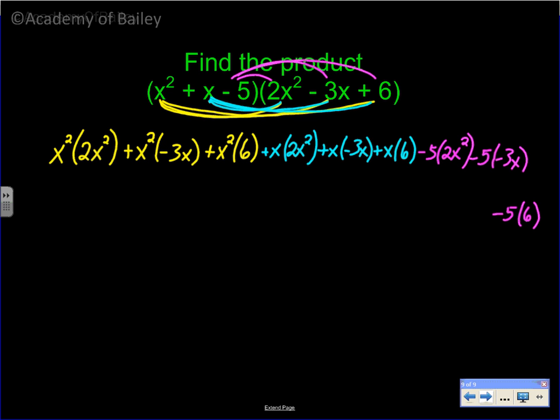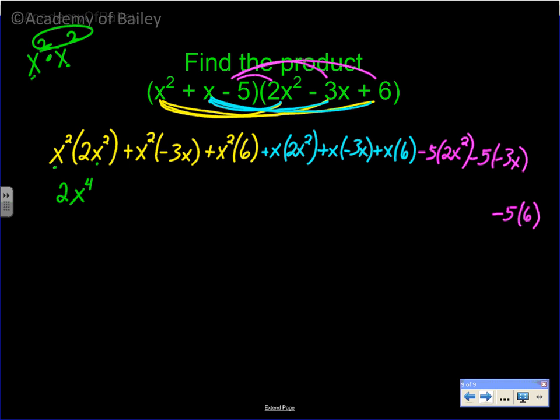Let's go ahead and do our multiplication here. X squared times 2x squared. Well, we know 1x squared times 2x squared. 1 times 2 is 2. And x squared times x squared, like bases, since they have the same base, we add the exponents. In case you don't remember, x squared times x squared. Since this is multiplication here, and the bases are the same, then you add those two numbers.